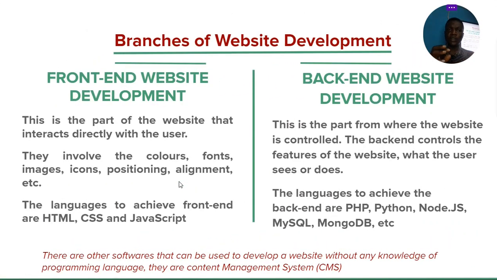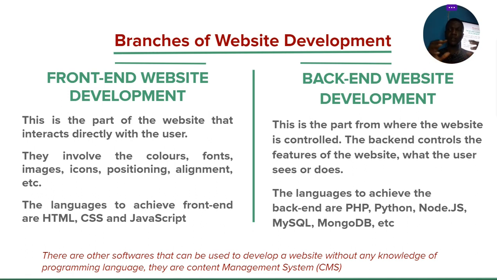Now let's look at the branches of web development. As a beginner, you'll be wondering where you should channel your interest. Where should you concentrate your interest? How do you go about this? There is front-end web development and there is back-end web development. Front-end web development is the part that controls what the user will see.